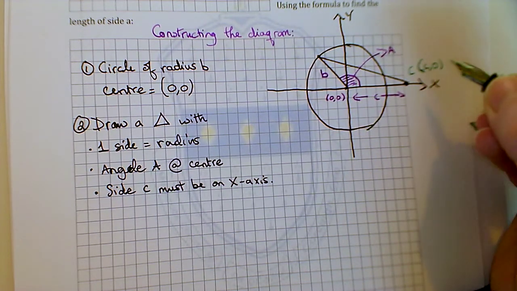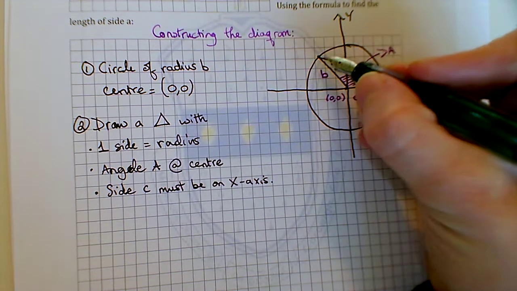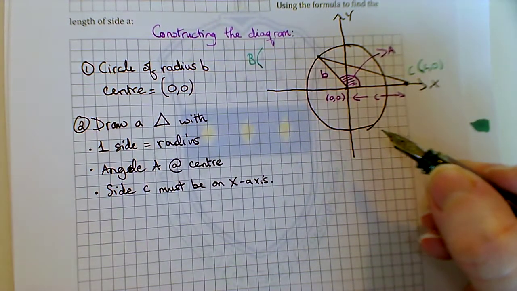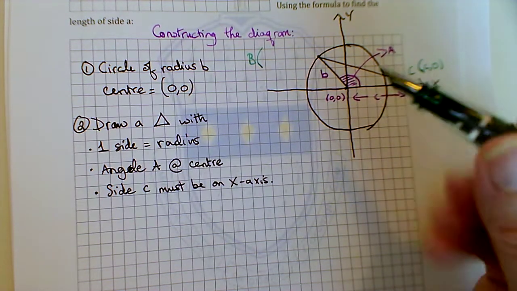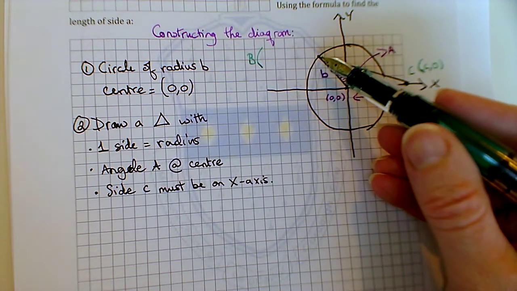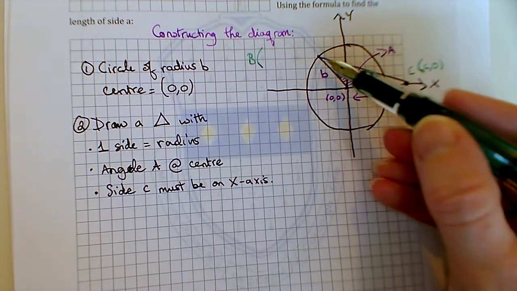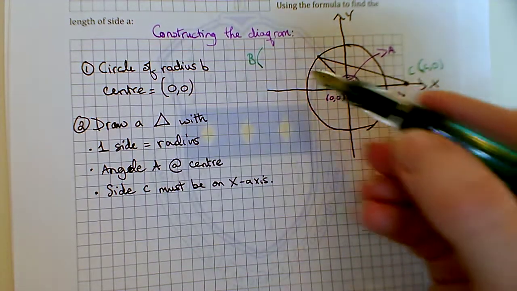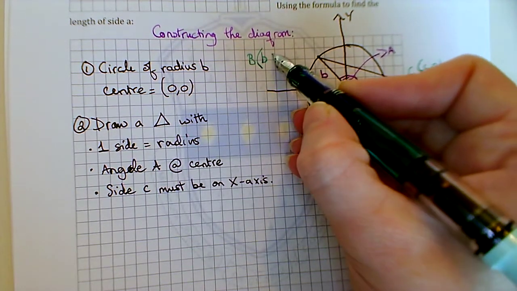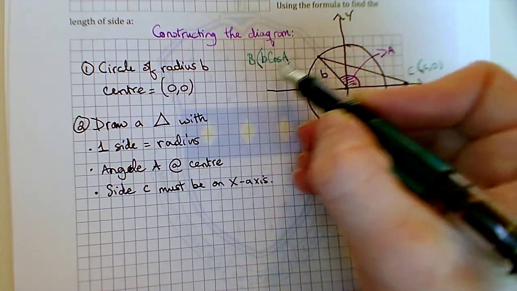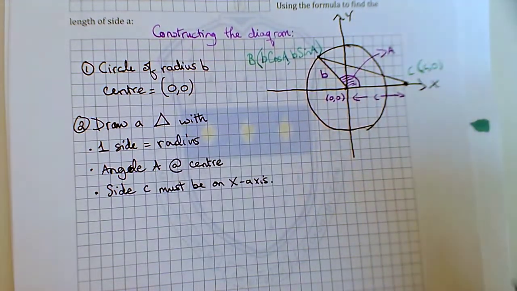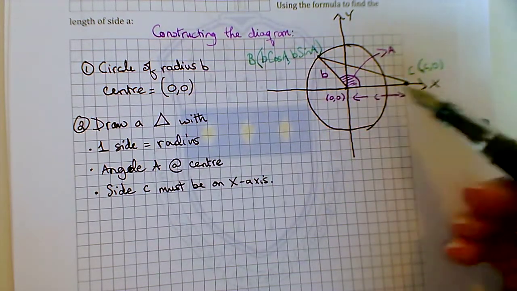I've got 0, 0, I've got C, 0, and I've got a point over here, which I'm going to call B. And we know that the coordinates of any point on a circle are given by cosine of the angle, sine of the angle, when it's a unit circle. But when it's not a unit circle, when the radius is not equal to 1, you just multiply the coordinates. So it's b cos of the angle, b times sine of the angle. So those are the coordinates of the third point there. And those are my 3 points on my circle.